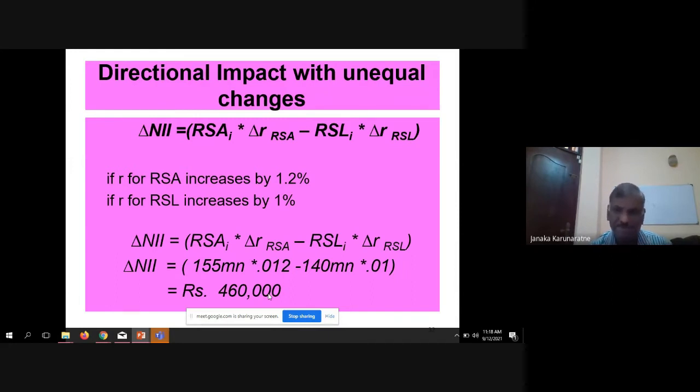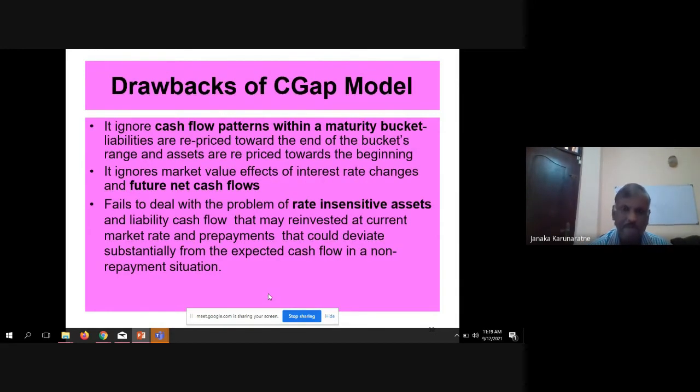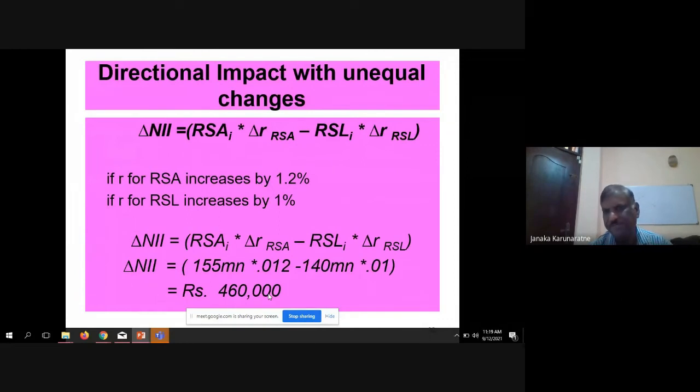So whether you have an equal decline or increase in interest rates of both RSL and RSA, or unequal interest rate changes, you can compute the impact on net interest income, right? Any questions so far?